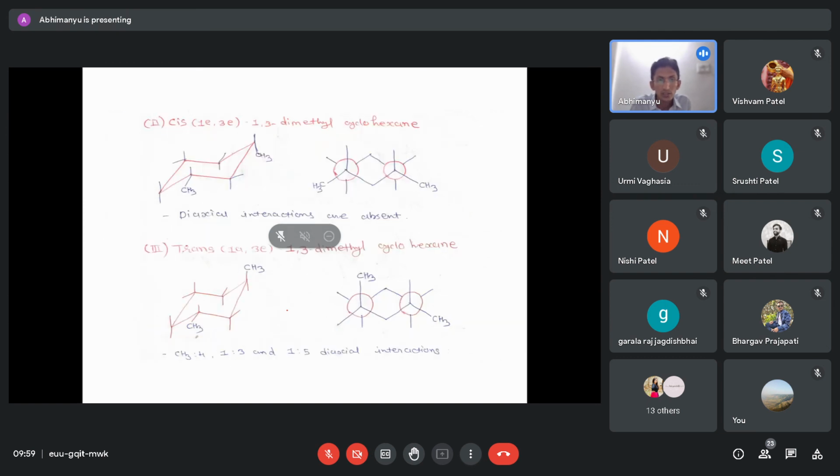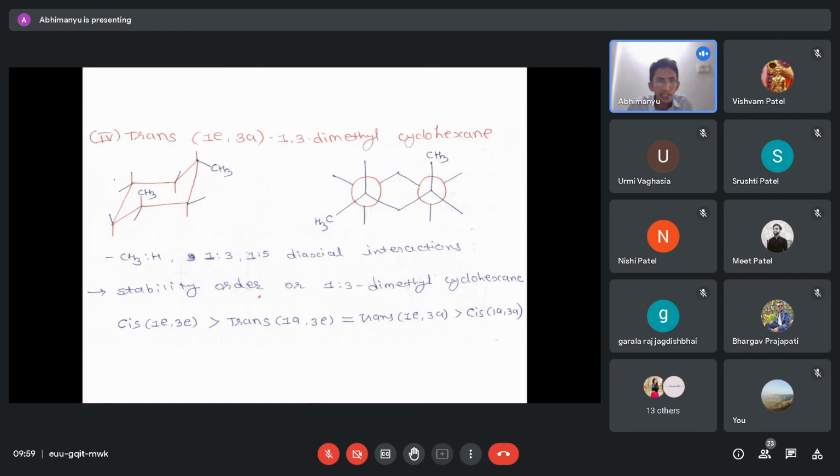Okay. Now what about the other example? In the equatorial case no other repulsion is possible, but in axial, yes. When both are equatorial, repulsion is not possible, but in axial 1,3 and 1,5. Again in 3, it is 3,1 and 3,5. So the stability is always higher.